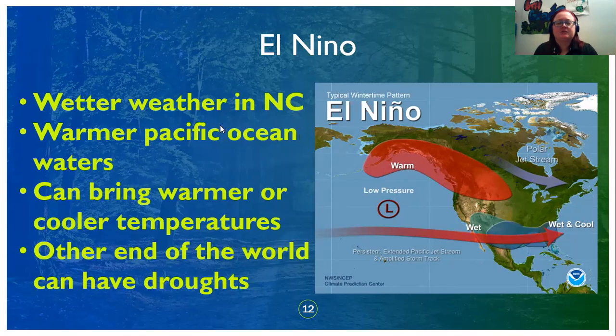When we have the El Nino effect, America has a wetter winter, and then the other side of the world, like Asia and Europe, would have droughts. The one time I do remember it, I'm pretty sure it brought colder weather.